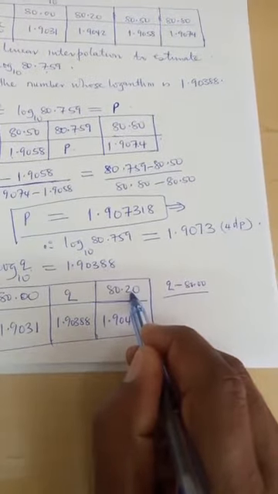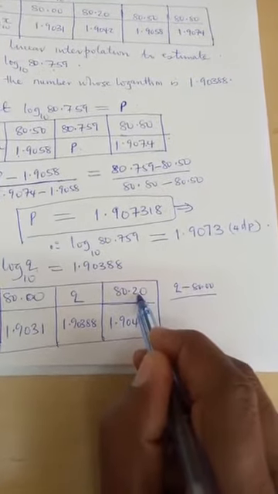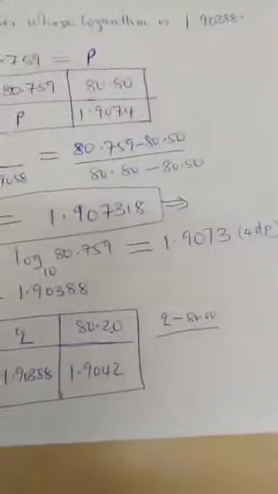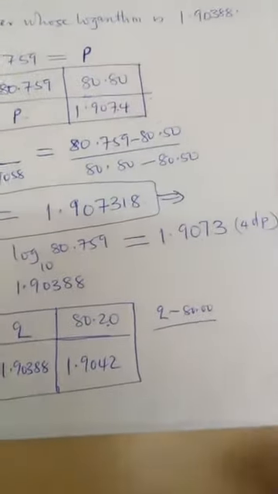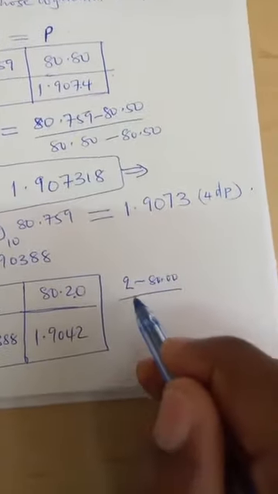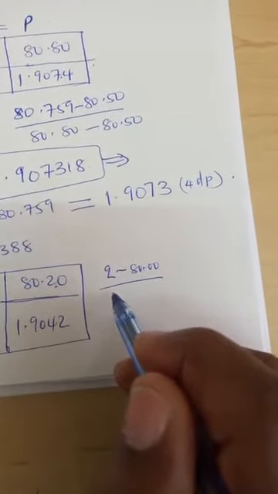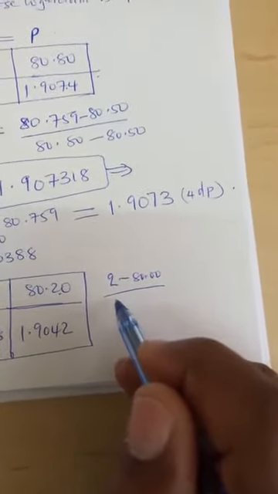The value lies between these two. Yes, so my Q minus the 80 should be expressed over my 80.2.